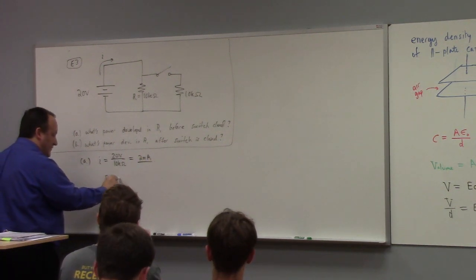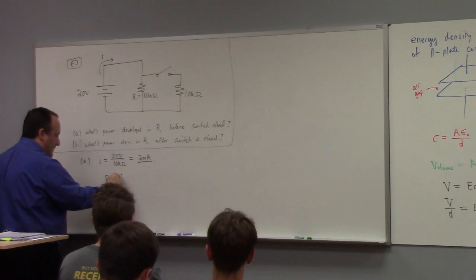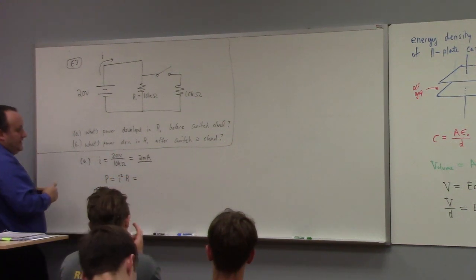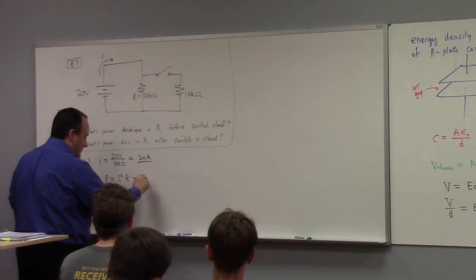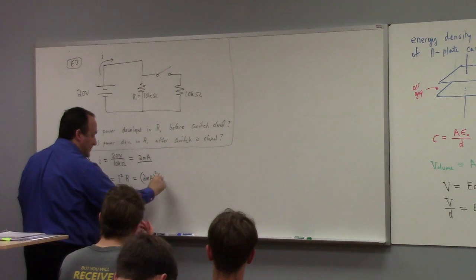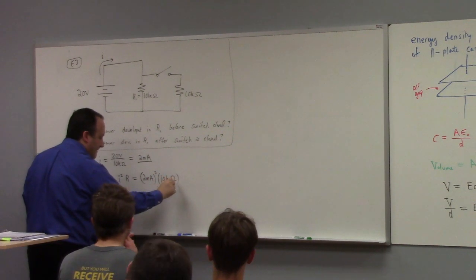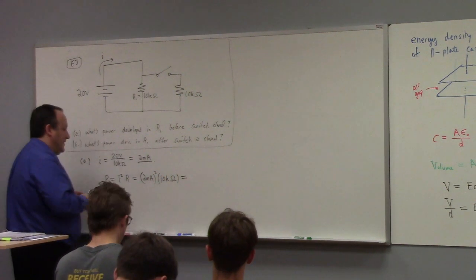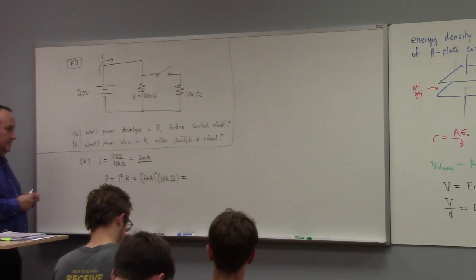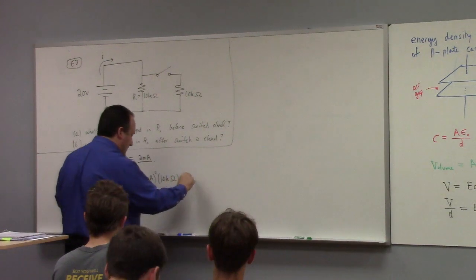Power is equal to, we could do I squared R. If I do that, I have 2 milliamps, I square that, I multiply by 10K ohms. That gives me 40 milliwatts, right?